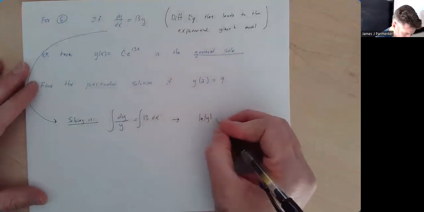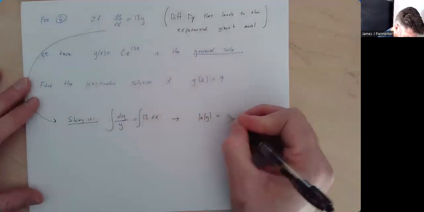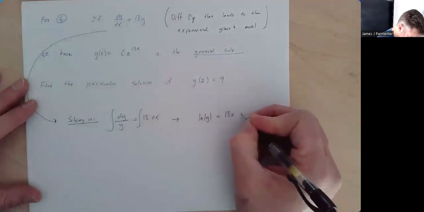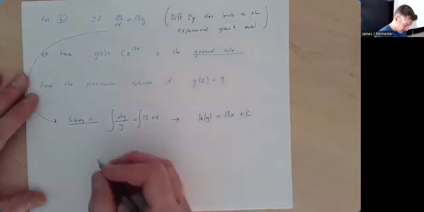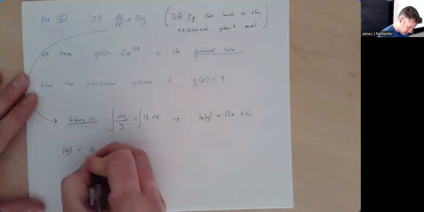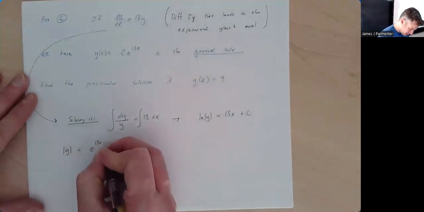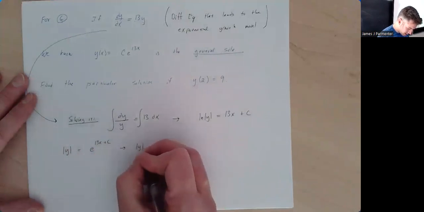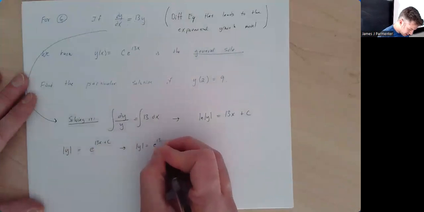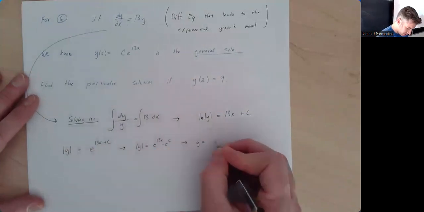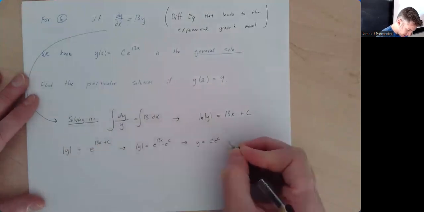If you didn't stipulate that, you'd have this. Natural log of absolute value of y equals 13x plus c. And then we would say, oh yeah, absolute value of y is equal to e to the 13x plus c, which gives us the absolute value of y is equal to e to the 13x times e to the c, which we would then say y equals plus or minus e to the c times e to the 13x.